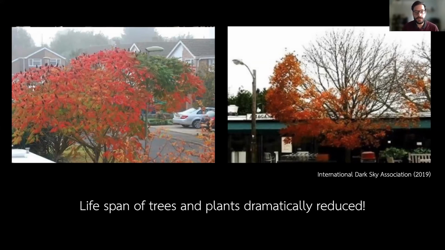So the tree itself has to undergo photosynthesis at all times, 24/7 over the whole year. Normally we say, okay, if it has green leaves over the whole year, this is something nice. But on the other side, the lifespan of these trees and plants is drastically reduced by this fact.